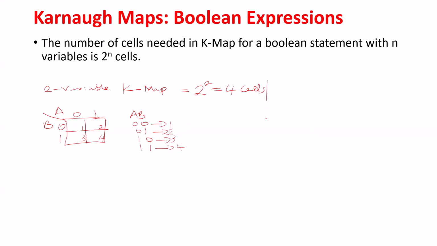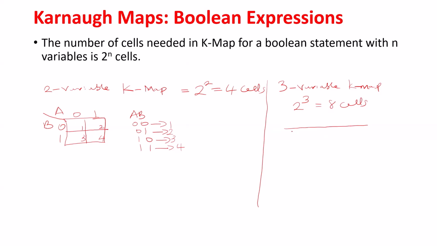Now let's look at the 3-variable K-map. For a 3-variable K-map, we have 2 raised to the power 3, which is 8 cells. So now let's construct the cells.